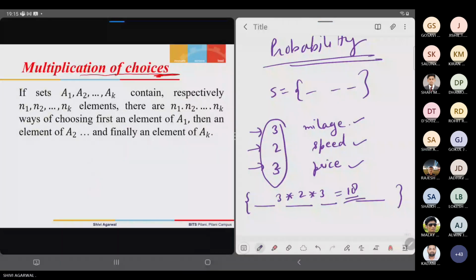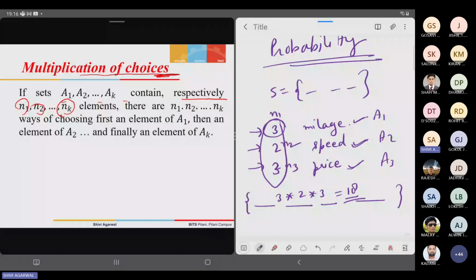Not audible. Slides are visible? Okay, fine, visible.